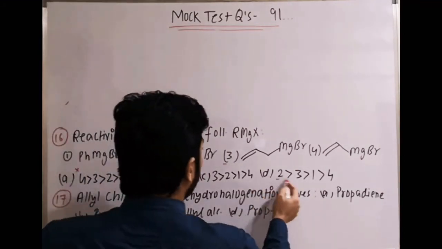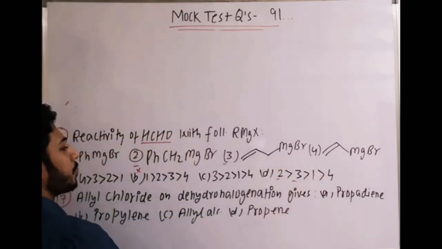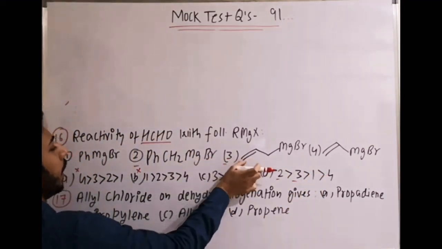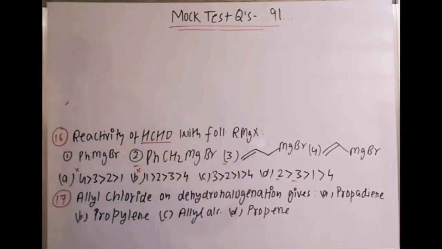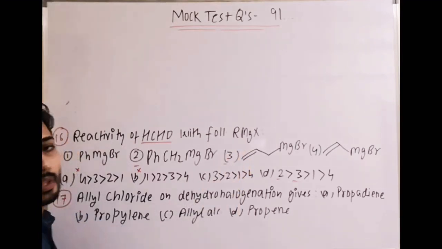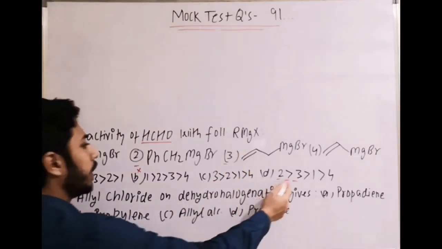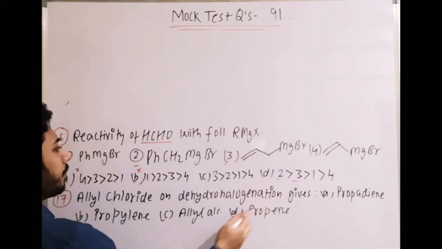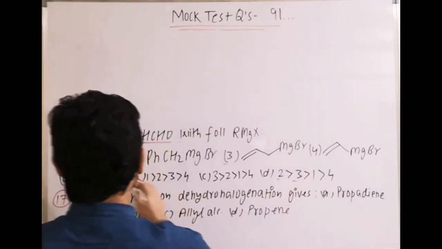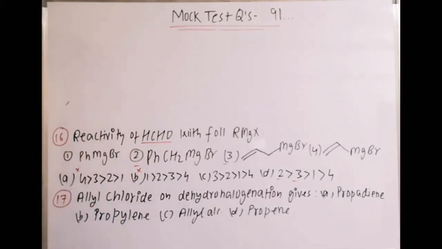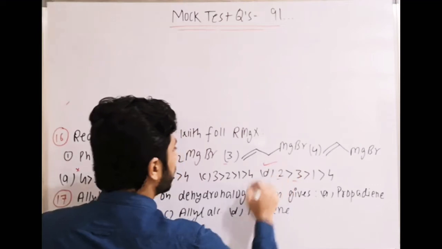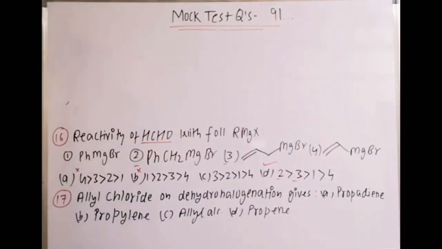Now here 2 and 3 is given, which is a better option because of benzyl and allyl, and for HCHO the steric factor is not a problem. If steric factor is there, then we could go for third better than 2. So second and third being better, the only option left is 1 and 4. Between these two, it is difficult to compare. Okay, so by 2 and 3 we will get the answer that D should be the correct one.